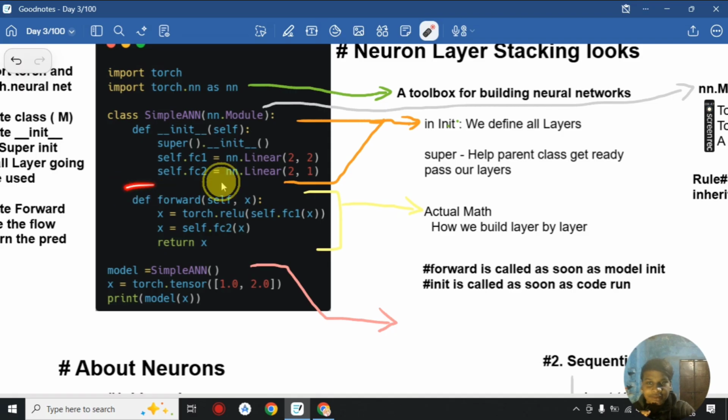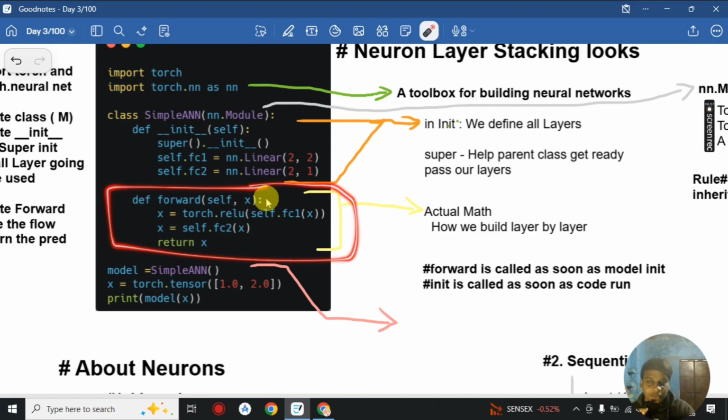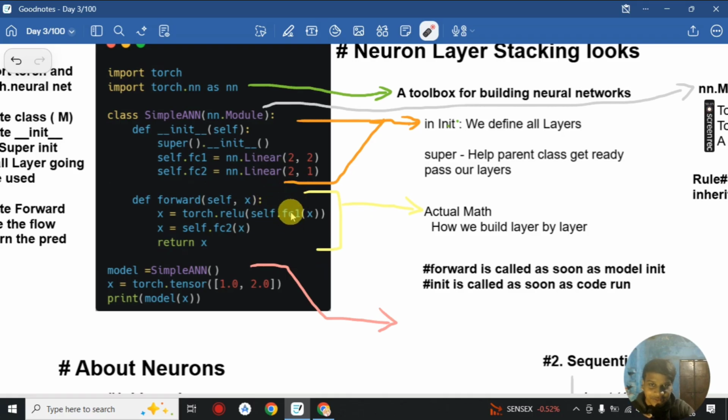Then we have our def forward. Here we will be stacking the whole layers. First you could see that we stack the linear layer with an activation function, then we pass the x to another layer.